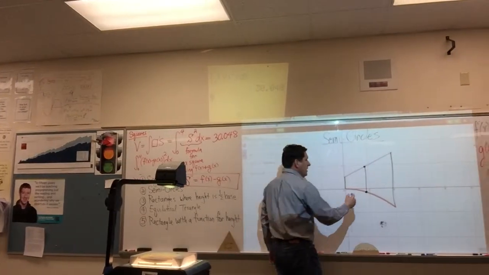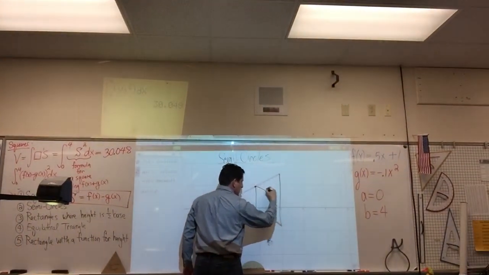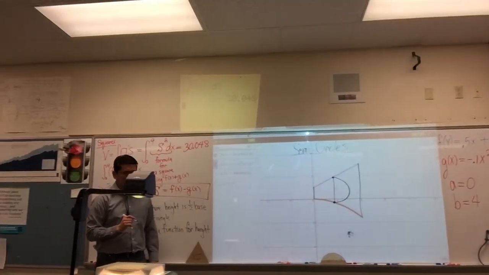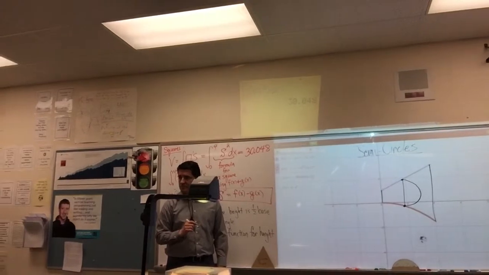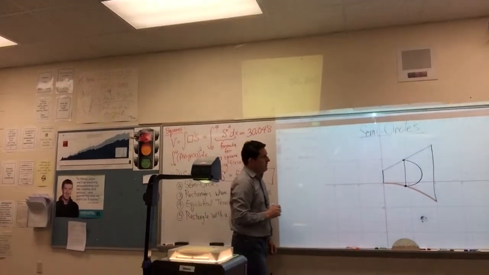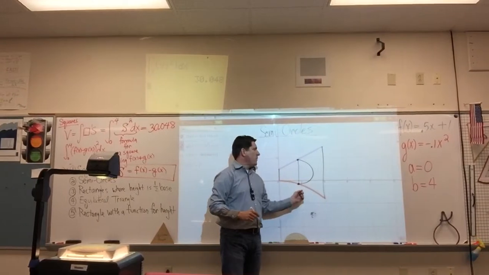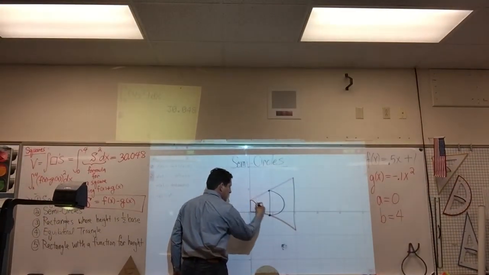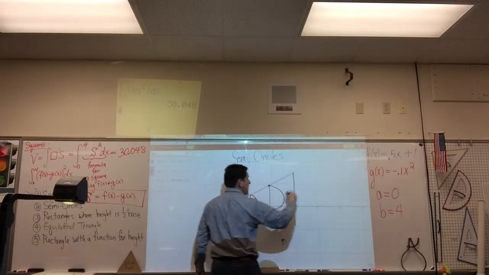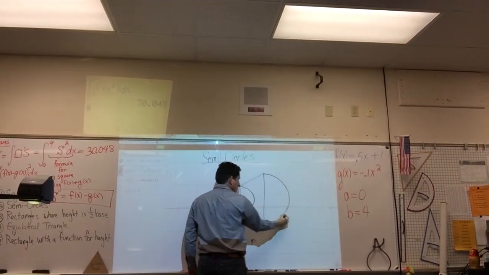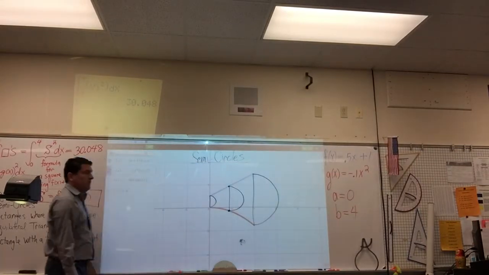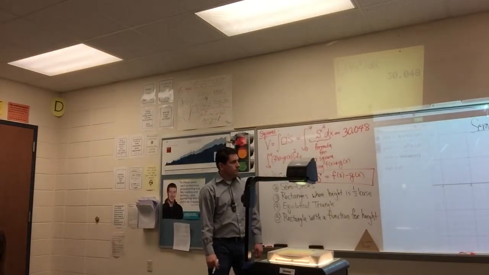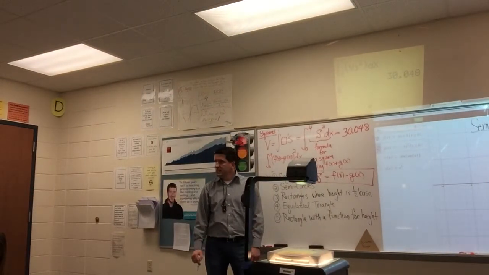So this thing is projecting out, and it's going to look something like this. I always recommend doing somewhere in the middle, and then do both of the endpoints. So there's one, and there's another one. Can you see it?